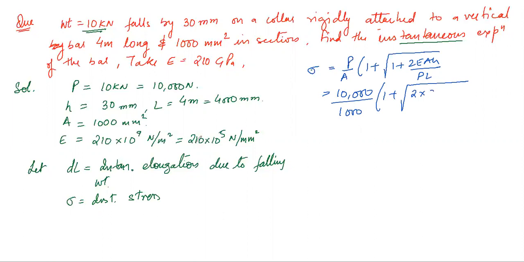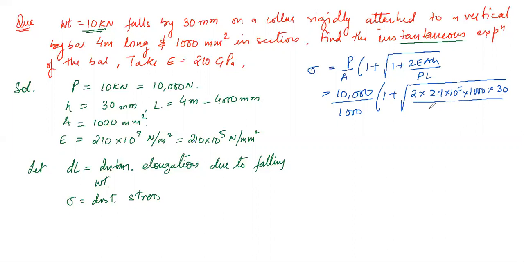Students, please correct me, it is not 210, it is 2.1 when we convert it into Newton per mm square, right? 2.1. So we simply write 2.1 into 10 to the power 5 into area 1000 into h, that is 30, right?